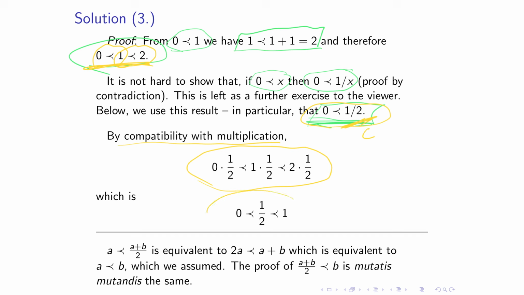And when I simplify everything, I get this. And that is effectively the end of the proof, because through transitivity we can finally state the full statement, which is that 0 precedes 1/2 precedes 1 precedes 2. But that's it. That's the end of that part of the proof.